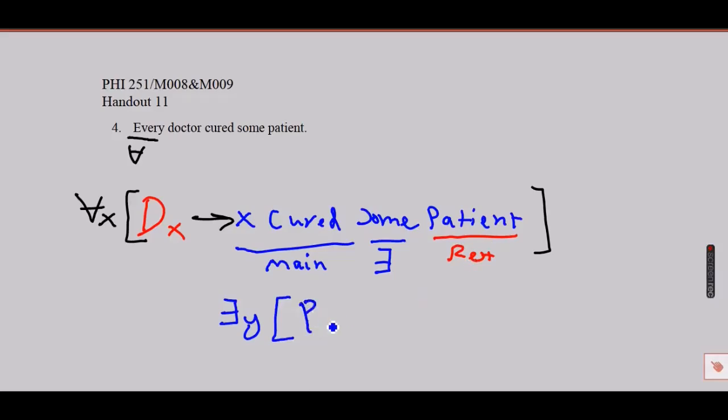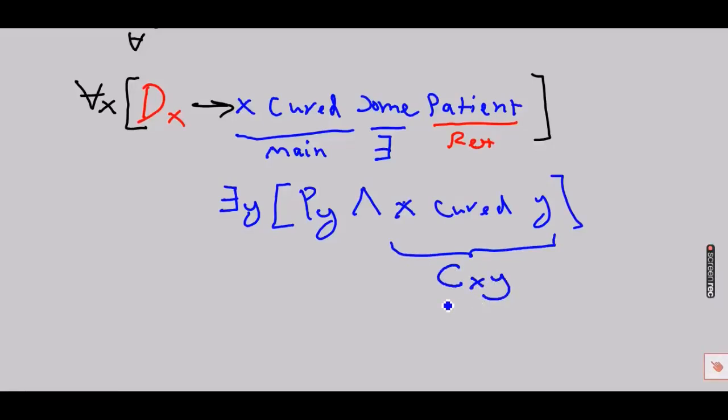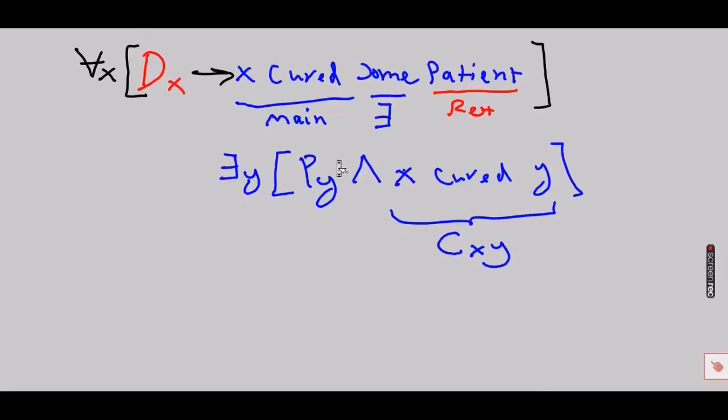So y is a patient. And I use and to connect it to the main. And the main is that x cued y. Okay, let me just put it in English, then I convert it to a formula, x cued y. And for this part, x cued y, we're going to go Cxy using C for cued.